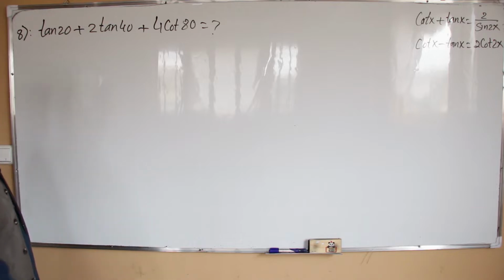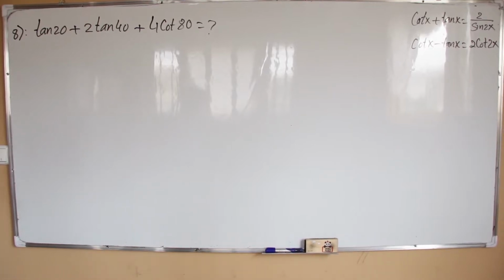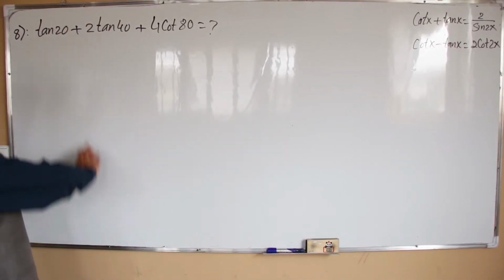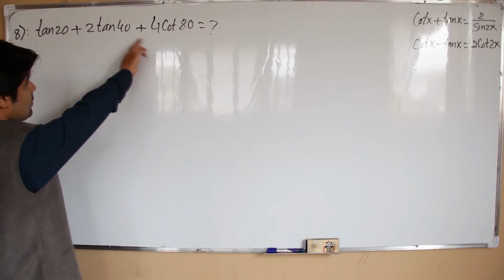Example number 8. Tangent 20 plus 2 tangent 40 plus 4 cotangent 80. What is the solution for this one? By the way, very simple. We can find the solution. We have 20 degrees, 40 degrees, and 80 degrees.